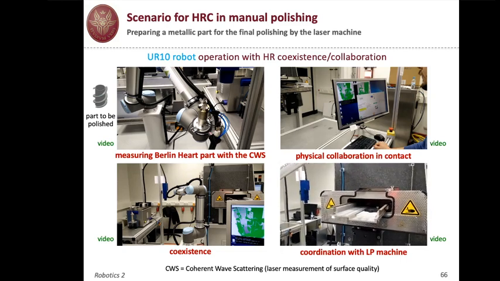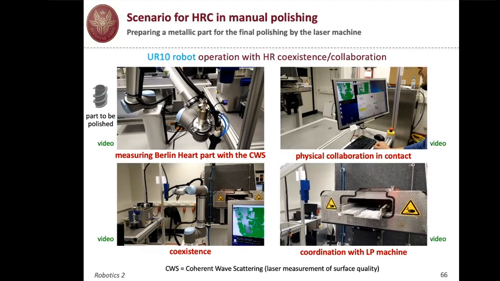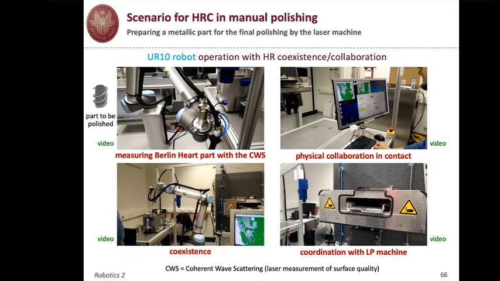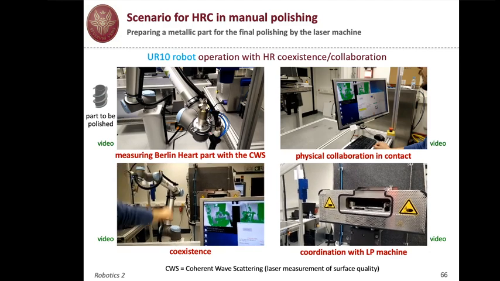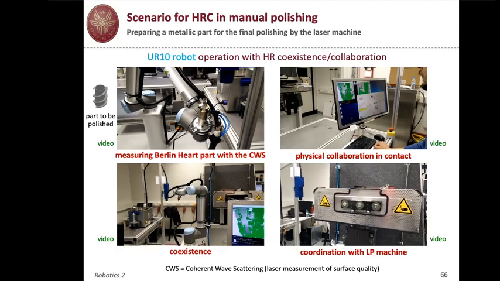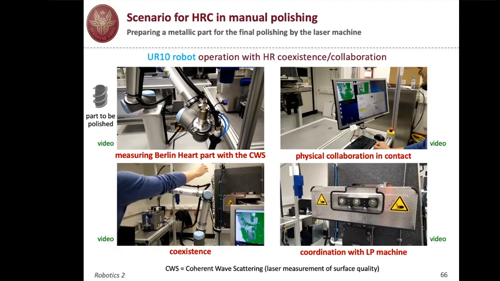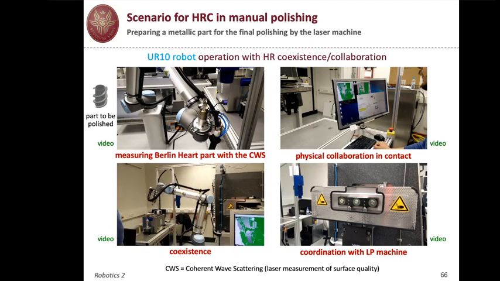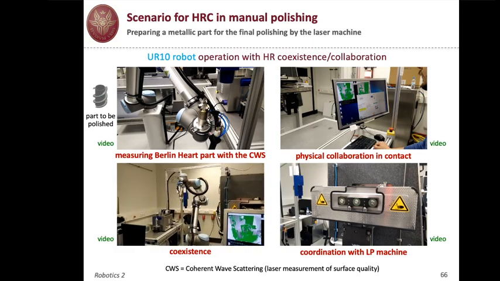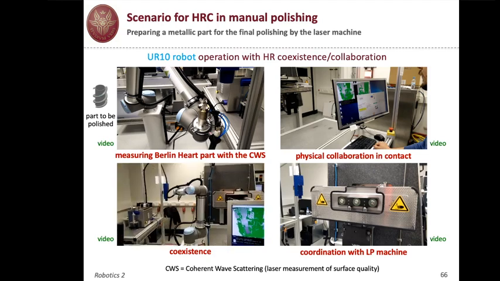We have indeed some coexistence as well. So if the robot is moving in its cell, there's also a bath where the object that has been polished manually is being cleaned before bringing it to the laser polishing cell for the final operation.